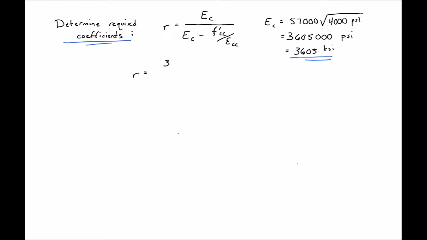So we'll have 3,605 KSI divided by 3,605 KSI minus our F prime CC, which in our case is 4.88 KSI divided by our epsilon sub CC, which we found to be 0.0042.